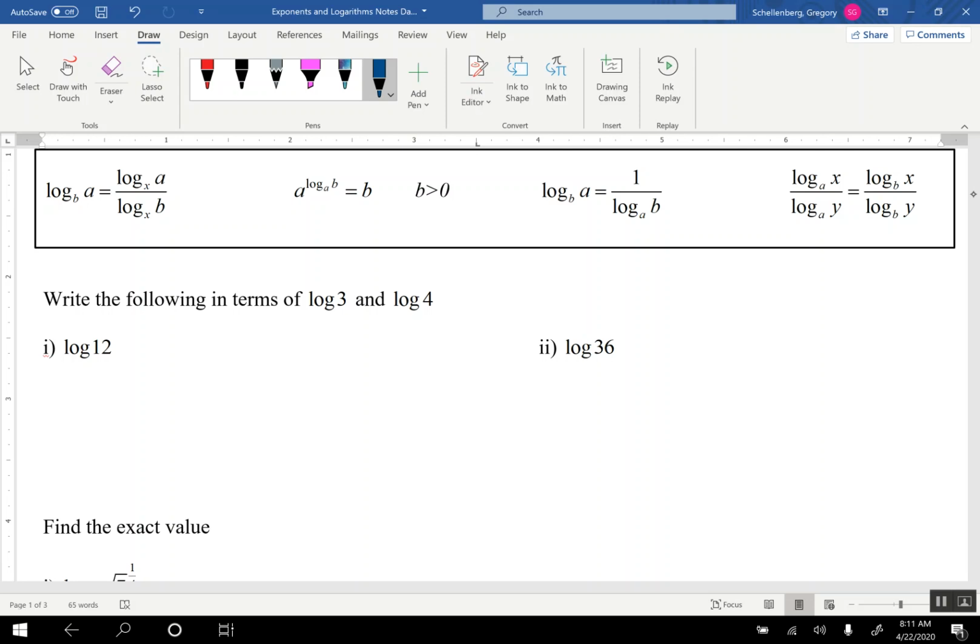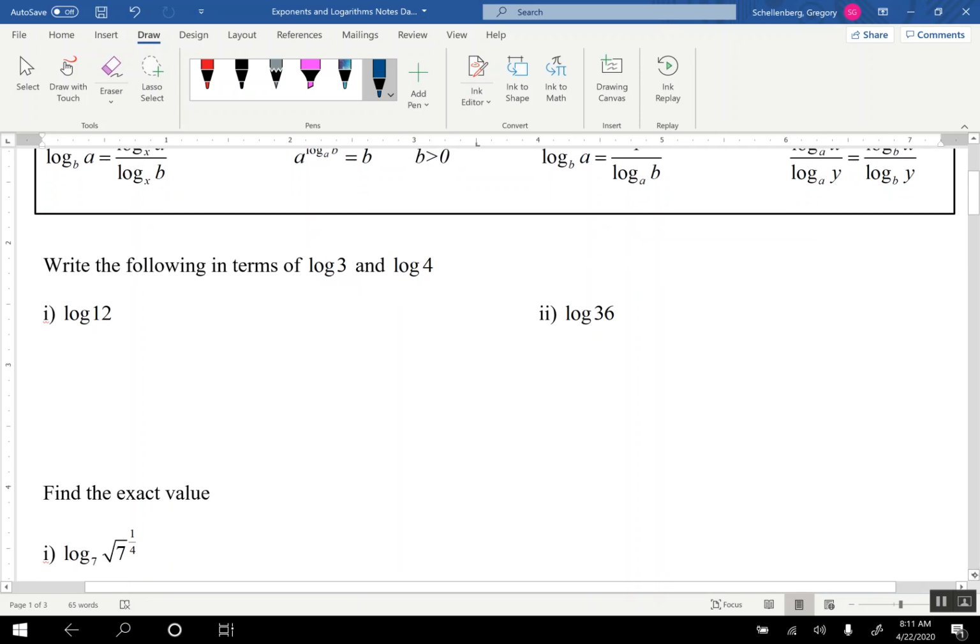Okay, so we did a little bit of this last day. Write the following in terms of log 3 and log 4. So we want to remember our multiplication law here. And what I can recognize is that 12 could be rewritten as the product of 3 and 4. So I'm going to rewrite this argument as the log of 3 times 4.